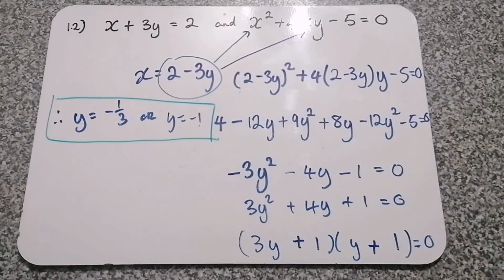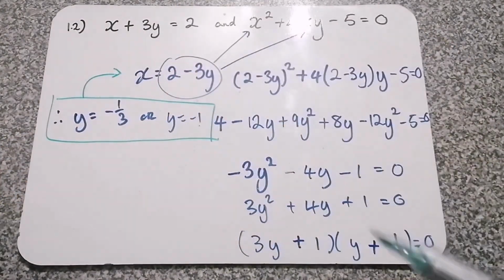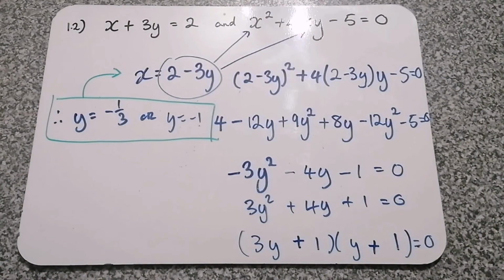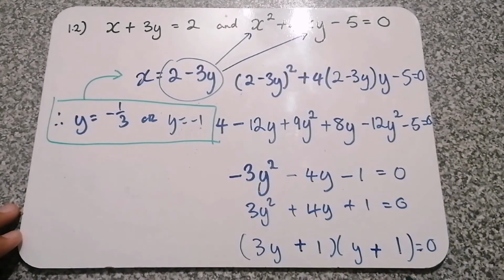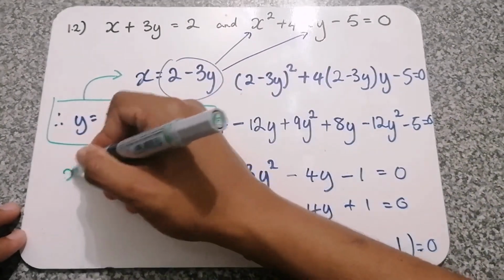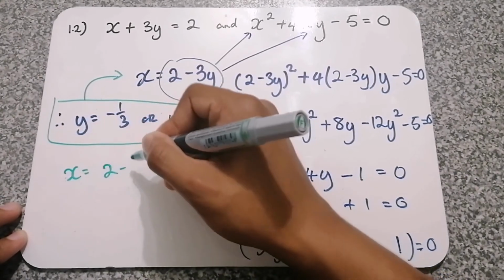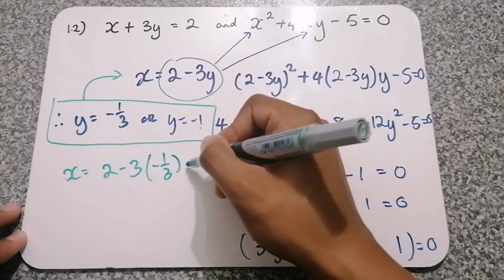Let's use these answers now to solve x. Since we know what y is, we can actually use this original equation to solve x. Remember, x is equal to 2 minus 3y. So we're just going to substitute these values in for y. So x is equal to 2 minus 3y, which in this case is negative a third.